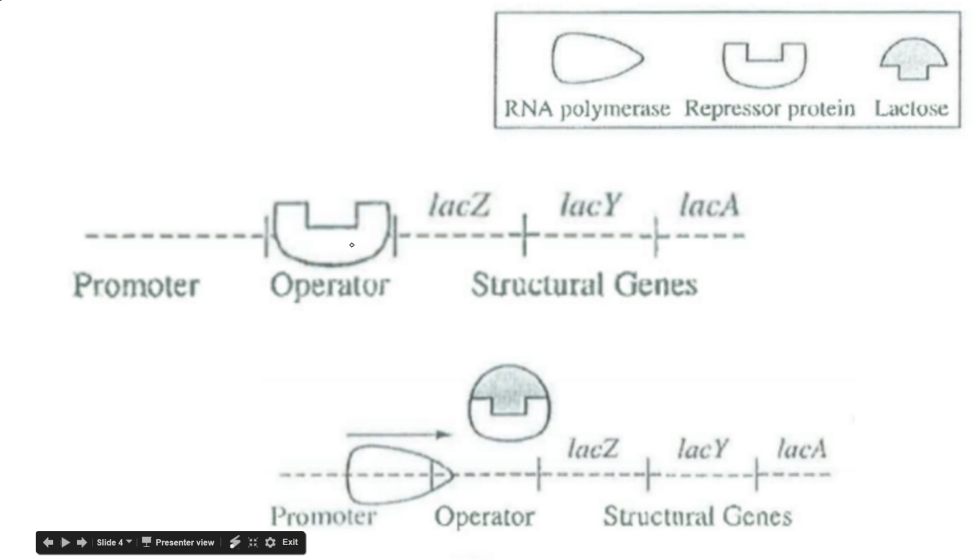The only way the repressor gets off of the operator is if lactose is present. So in order to make the genes that help break down lactose, lactose actually has to be in the environment. Once lactose is around the bacteria, the lactose will land on the repressor and take it off, and then RNA polymerase can transcribe the genes to make the enzymes to break down the lactose.